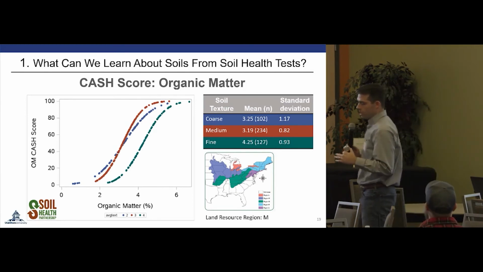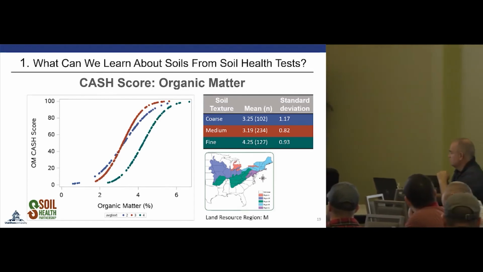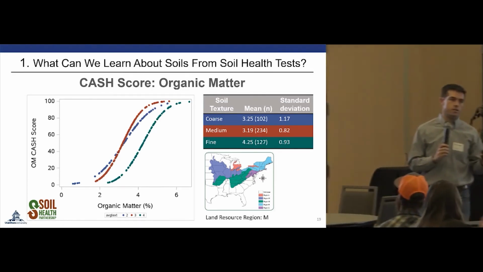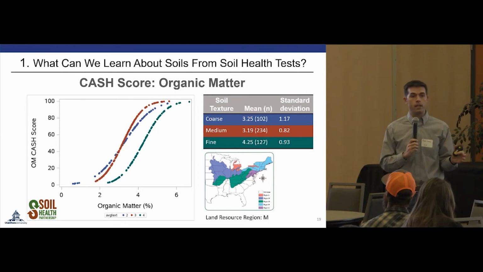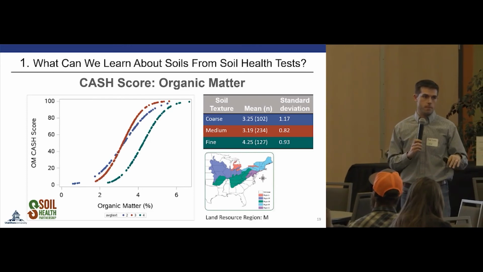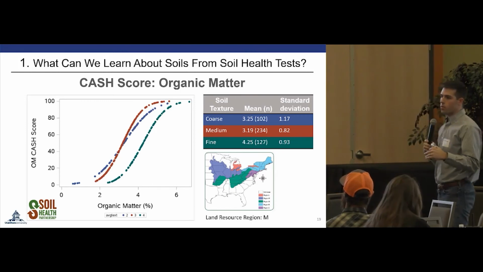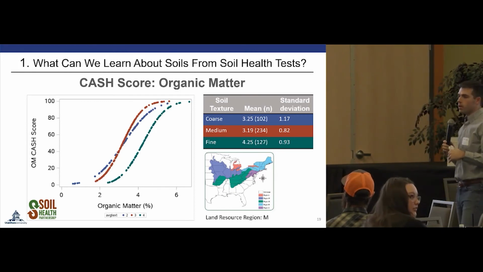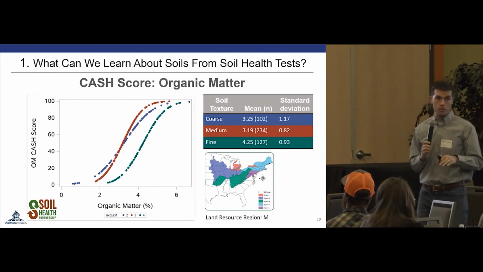And a lot of people have said that if you were to take a soil sample here in Utah and send it in to the Northeast and have them analyze it, the soil health score that you would get would be way off. And you'd be right, because their data set for this region isn't as robust as what they have for those regions back east. So for the analysis that we've done with the Soil Health Partnership, we wanted to go ahead and see what exactly it was with the region that we're dealing with.